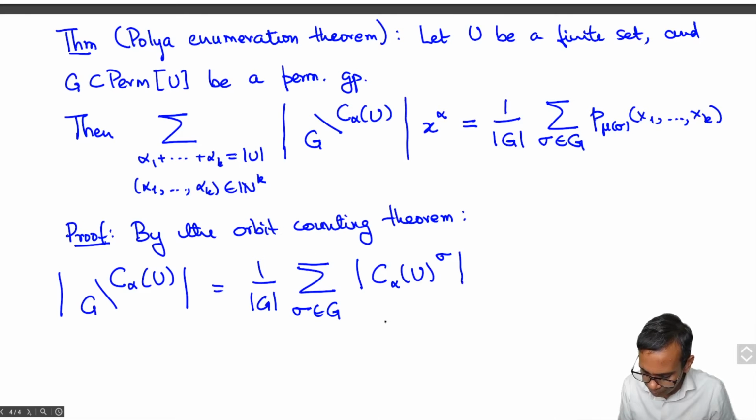And now we need to somehow take this thing on the right hand side and show that it is in fact what appears on the right hand side of the Polya enumeration theorem.